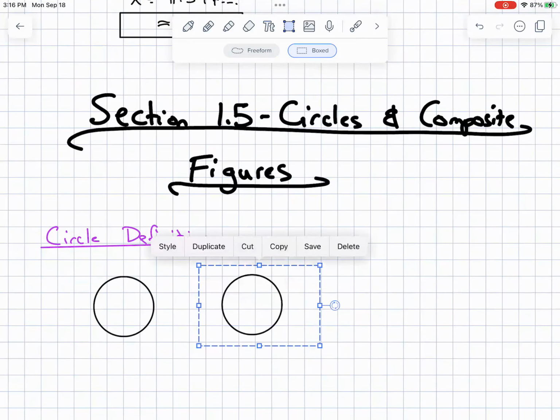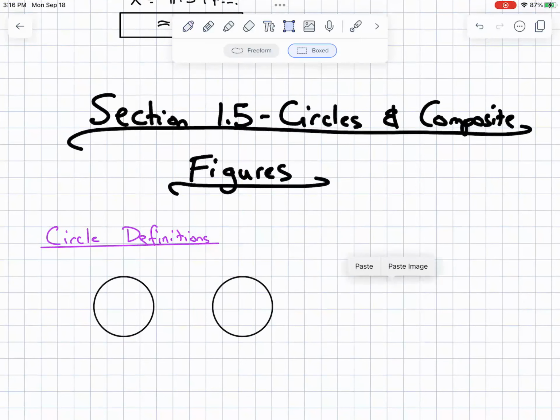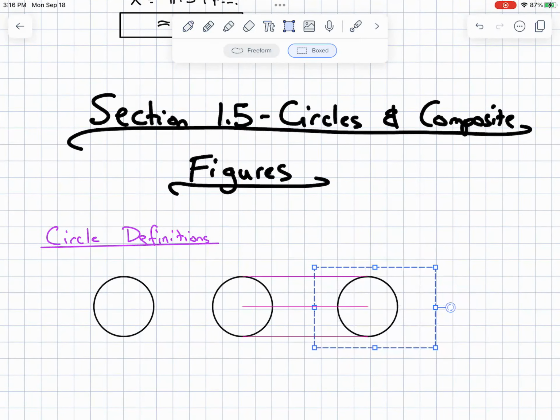See, look at that. I just drew the perfect circle 3 times. And so the circle is comprised of that, and then there's always a center to the circle.